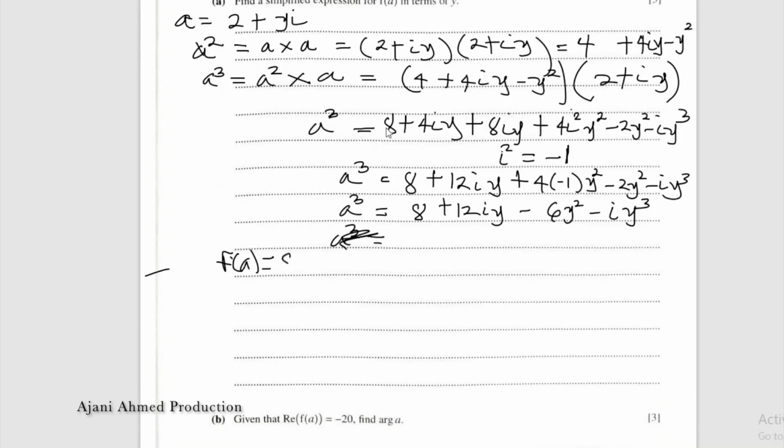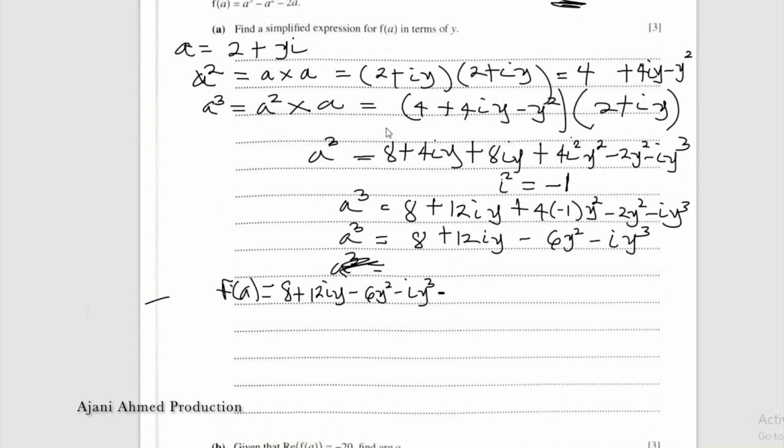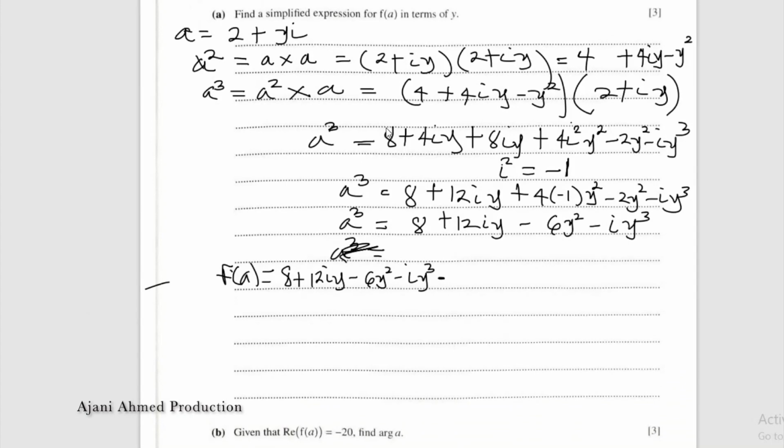A cube is 8 plus 12iy minus 6y square minus iy cube, minus a square. So minus a square will be minus 4 minus 4iy plus y square. Minus 2a will be minus 4 minus 2iy.